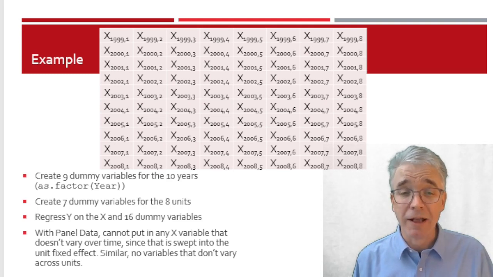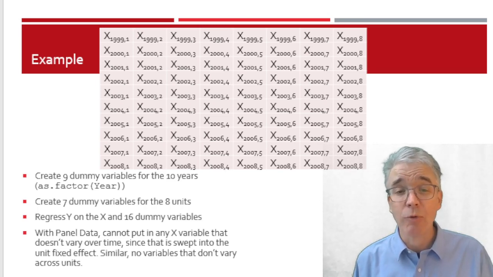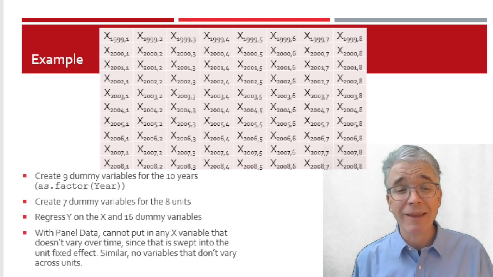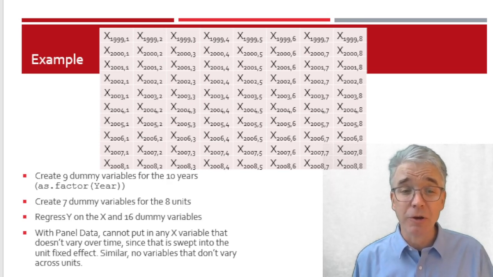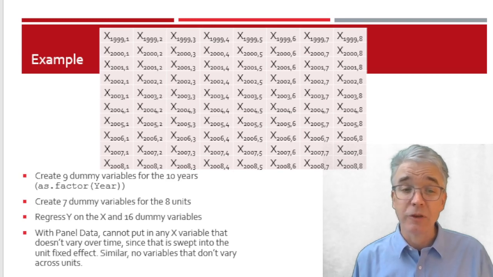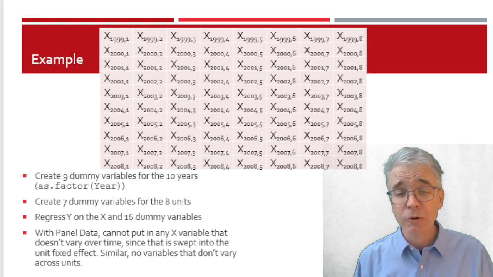To do the analysis, I've got to create dummy variables for the years and dummy variables for the units, and then regress y on whatever other x variables, and add these sets of dummy variables for the years and the units. Now, these dummy variables mean we cannot include any x variables that don't vary across the unit. Similarly, we cannot include any x variables that don't vary over time, because they're fixed effects in each case. Those fixed effects soak up a lot of variation.